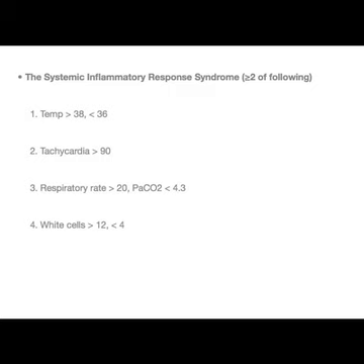First of which is a temperature greater than 38 or under 36. Second of which is a tachycardia greater than 90. Third, respiratory rate greater than 20 or a PaCO2 less than 4.3. The fourth is a white blood cell count greater than 12 times 10 to the 9 or less than 4 times 10 to the 9.